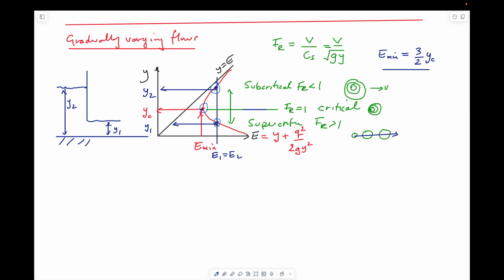And so it could be either supercritical, flowing quickly and shallowly, or it could be subcritical, flowing deeply and not very quickly. And either of those are admissible. But to get from one to the other, you have to go through this nose. And we talked about in class having a bump on the bottom of the stream to be able to allow it to get through this nose here and to reorganize itself in some way.